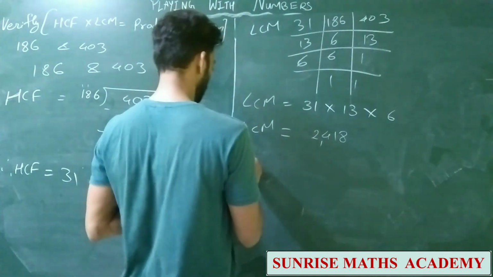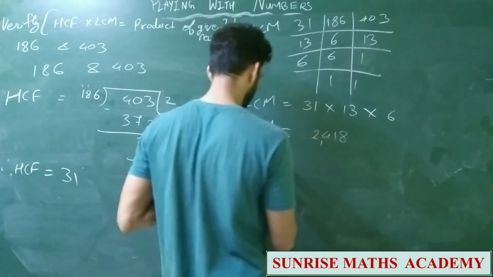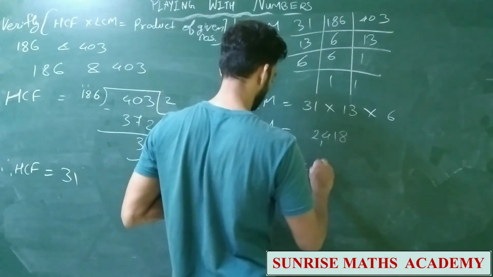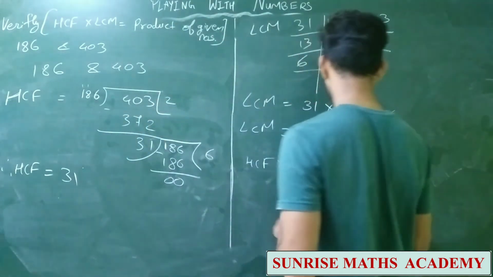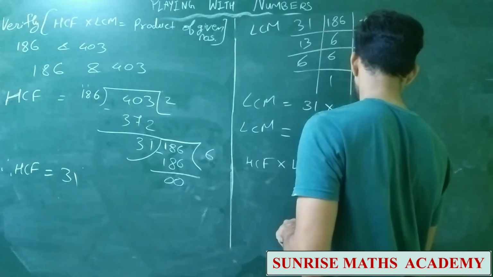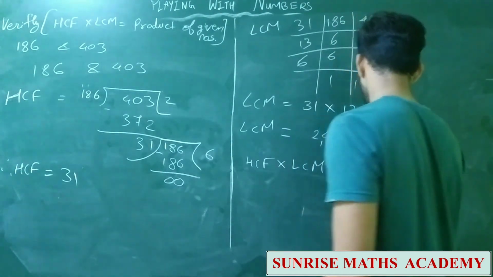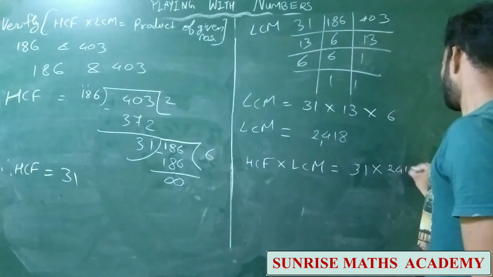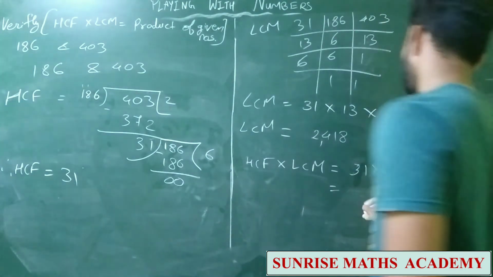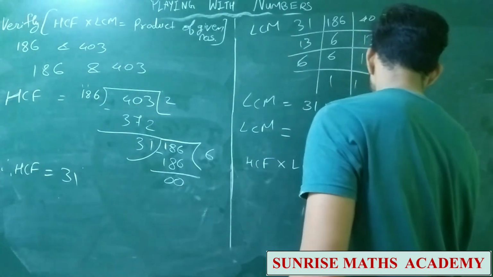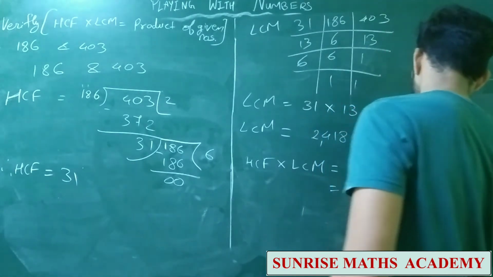So product of HCF and LCM, that is HCF is 31 into 2418, that is 74,958.